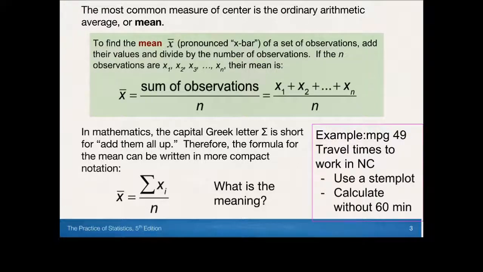So one observation can change the average for all of them by quite a bit, almost 3 minutes. At the bottom of page 50, it talks a little bit about what the mean actually means. I want you to look at that so that you have a better understanding of what it entails.